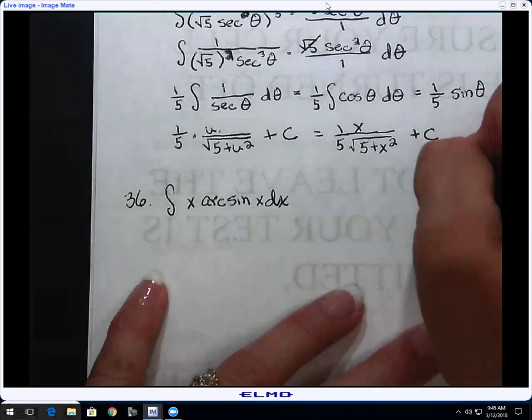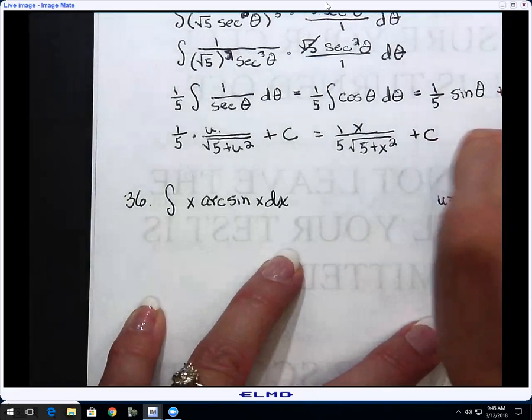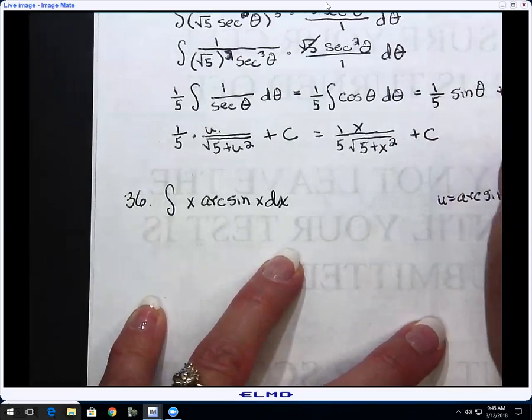And what's that acronym, if I'm going to use integration by parts, what's that acronym I use? LIATE? I'm not sure how to pronounce it, but I'm trying to pick my u, and I think there's no logarithms. That I is for inverse trig, and there is inverse trig. So let's let u be the arcsine of x.